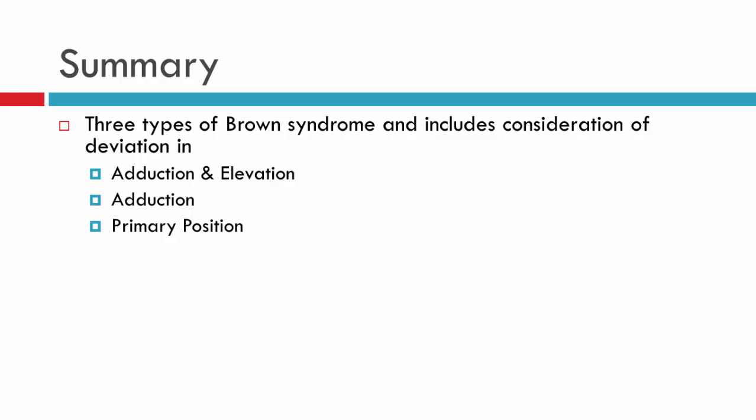When you move to moderate, however, you'll also have a downshoot or a downdrift of the adducting eye. And then finally, the severe will have both the downdrift or downshoot in adduction as well as the limitation in elevation. And on top of that, it will have a hypodeviation in primary position.